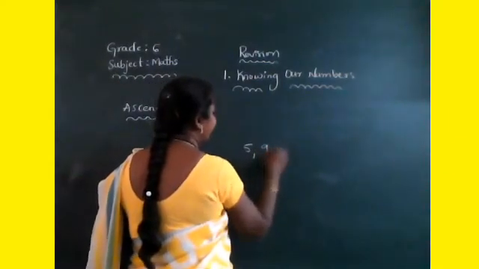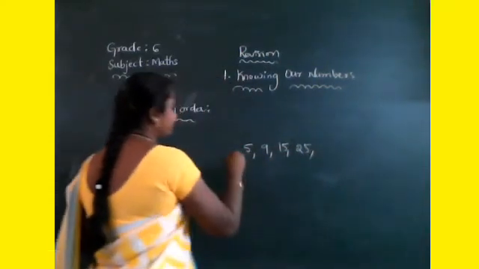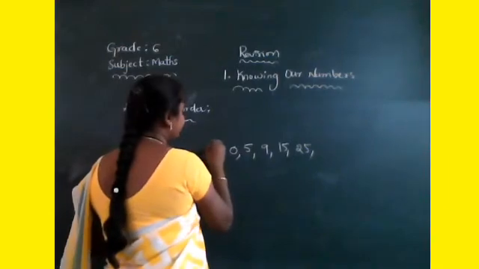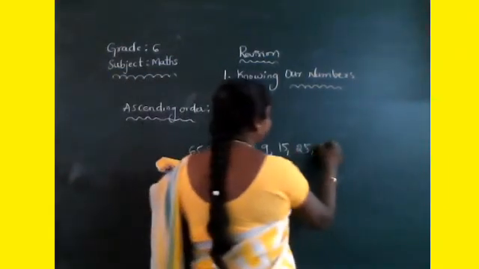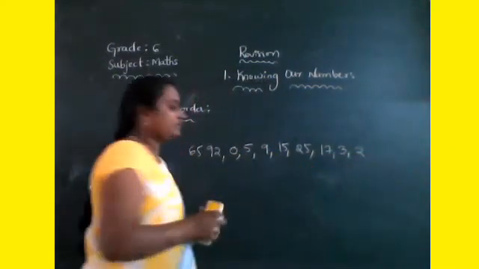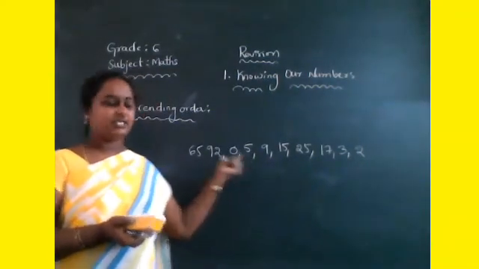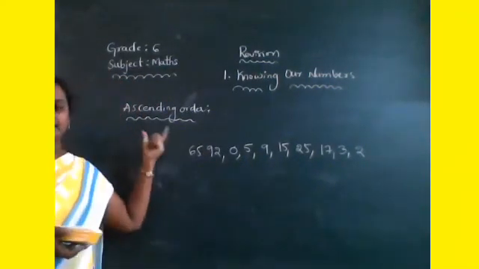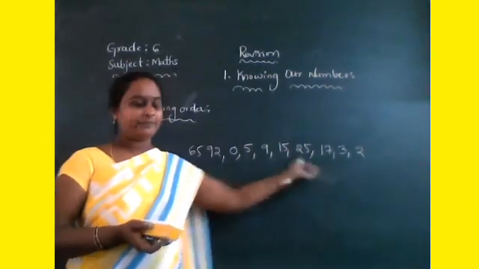5, 9, 15, 25, 0, 92, 65, 17, 3, 2. Okay, so how can you arrange these numbers? Ascending order means arrange the numbers from smaller to bigger, right?